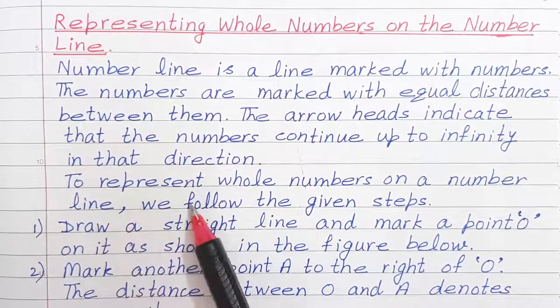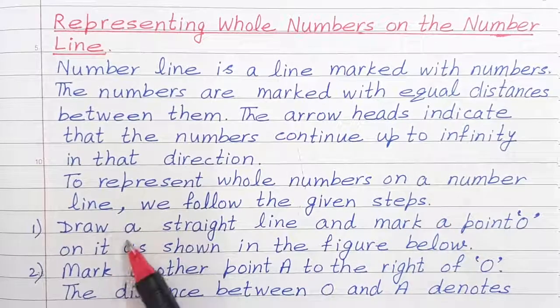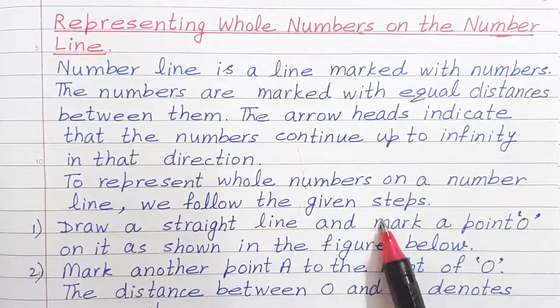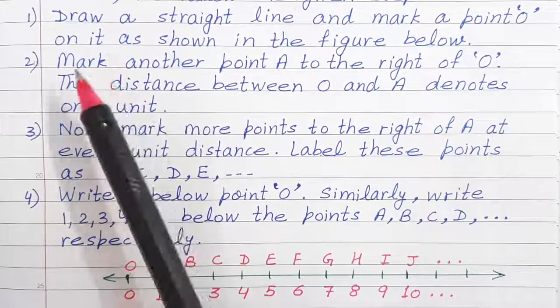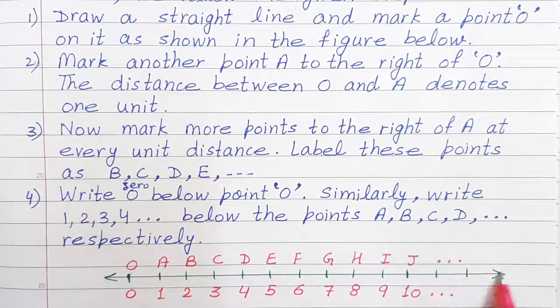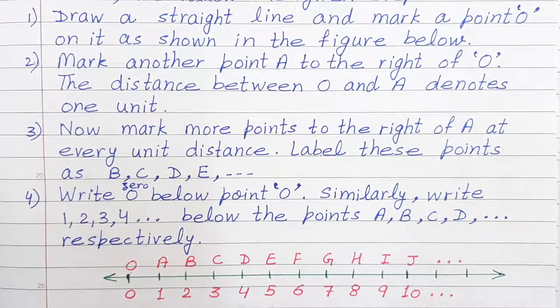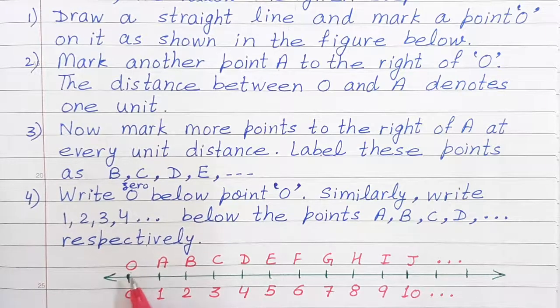Now, in order to represent whole numbers on a number line, we follow the given steps. Step number 1 is draw a straight line and mark a point O on it, as you can see in this figure, right?